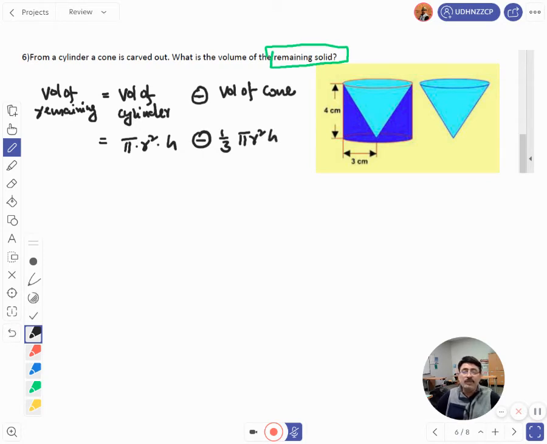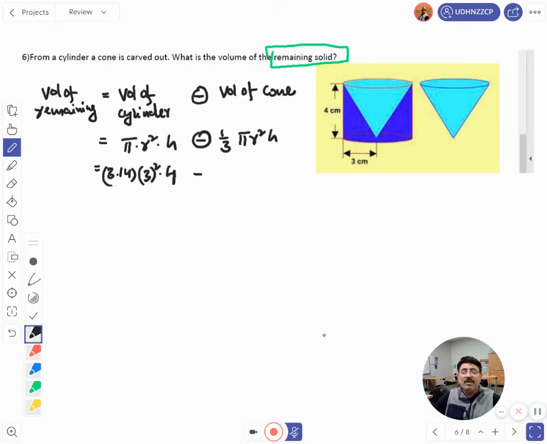I'll explain in two different ways. One is the direct method, in which pi value is 3.14 times. What is the radius? You can see that it is 3 centimeters. So radius square gives me 3 square. What is the height? It is 4 centimeters.